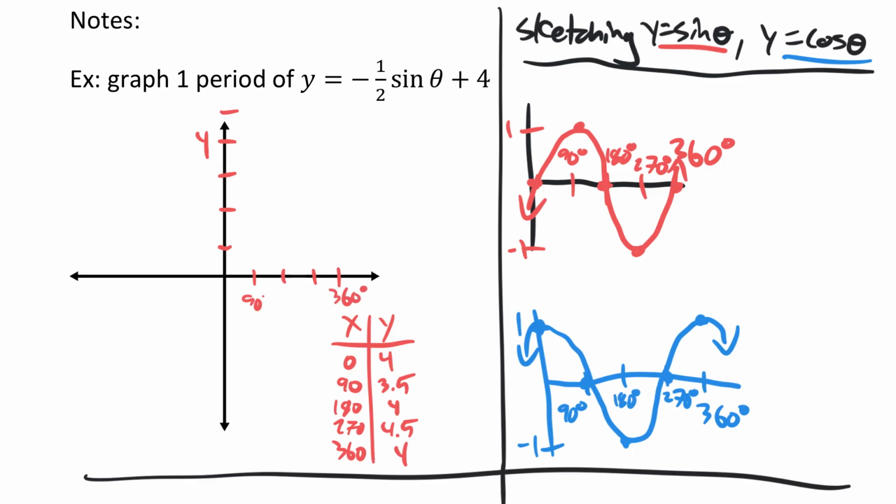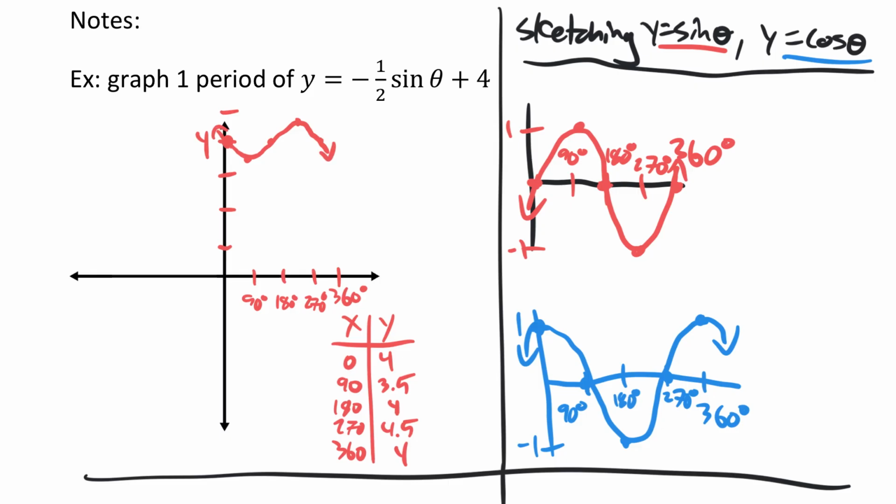This is 90, 180, and 270. Okay, so now we've got 0 and 4 up there. The 90 is going to go down just to 3.5, back to 4, up to 4.5, and then back to 4. So our graph will look something like this.